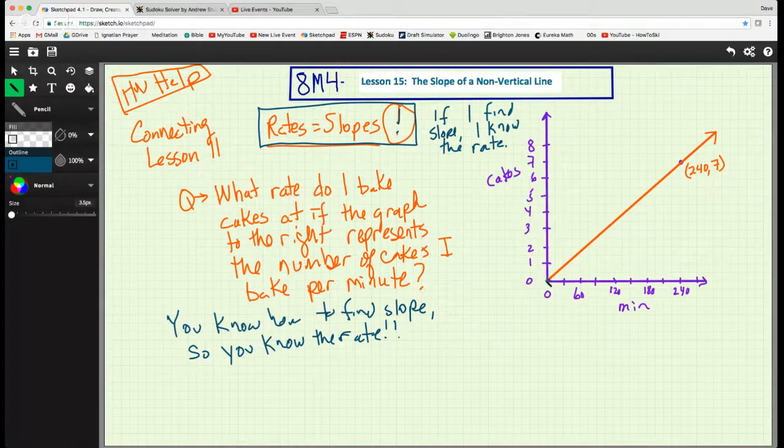Notice that we have another point on this line. At 0 minutes, I have 0 cakes. So here's the hidden point: it's 0, 0. So I make 7 cakes in 240 minutes.